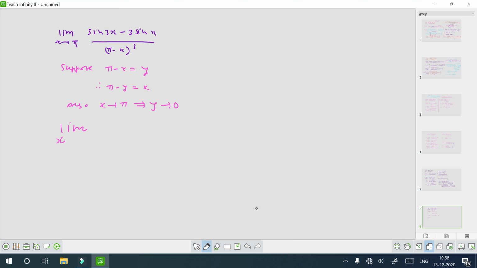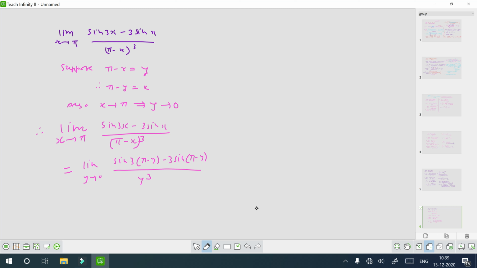And therefore, the limit x tends to pi of sin 3x minus 3 sin x over pi minus x cube is equal to the limit y tends to 0 of sin 3 of pi minus y minus 3 sin of pi minus y over y cube.